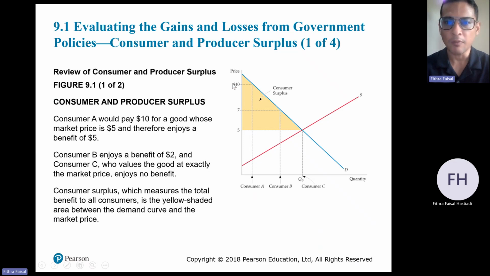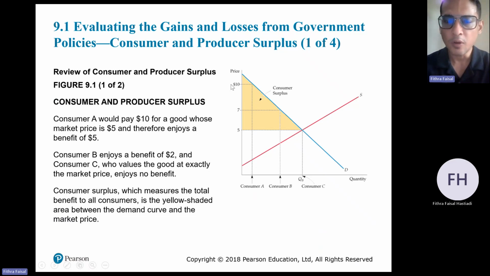So when we have, for example, consumer A, the willingness to pay is $10, and then we have consumer B, the willingness to pay is $7, and also consumer C, the willingness to pay is $5, which is equal to the market price.